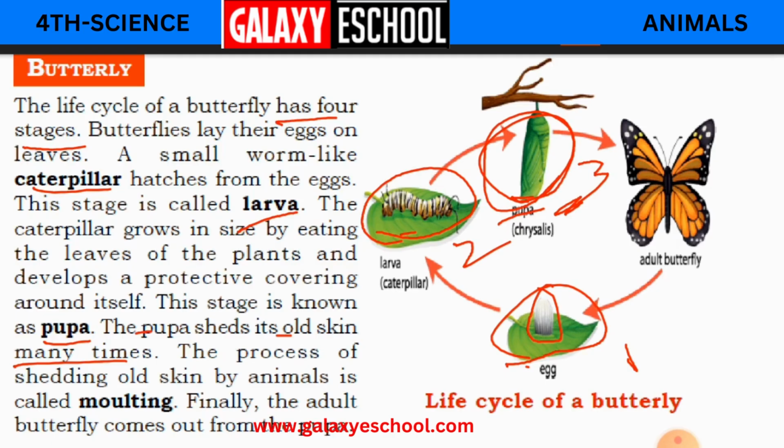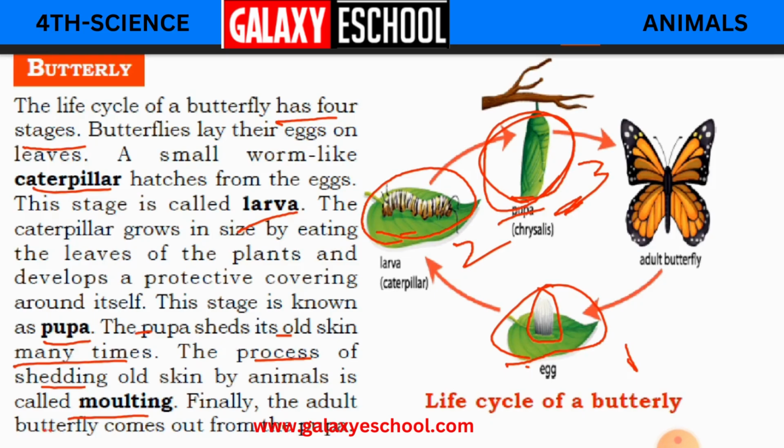The butterfly is going to shed off the old skin many times, and the process of shedding old skin by animals is called molting. So what is this process called? Shedding old skin by animals is called what? It is called molting.